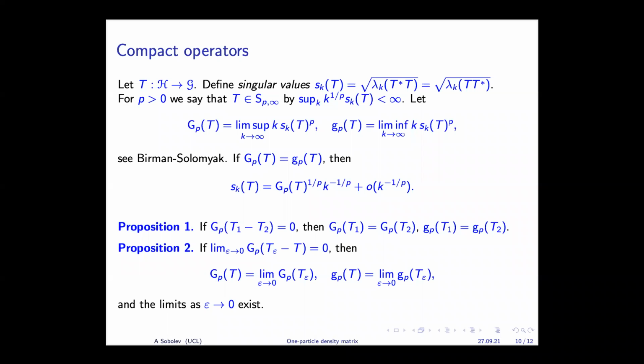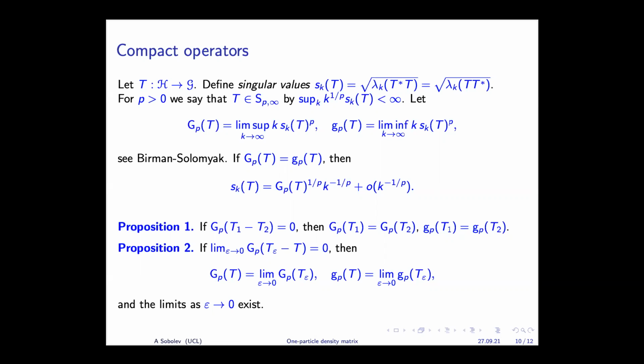If the singular values of the perturbation decay faster, so this functional is zero, then the asymptotics is preserved. The perturbed operator will have exactly the same asymptotics as the first operator. This is something that is useful to know. I'm not going to talk about this today, obviously, but I hope that this could be useful for something else, not only this problem.